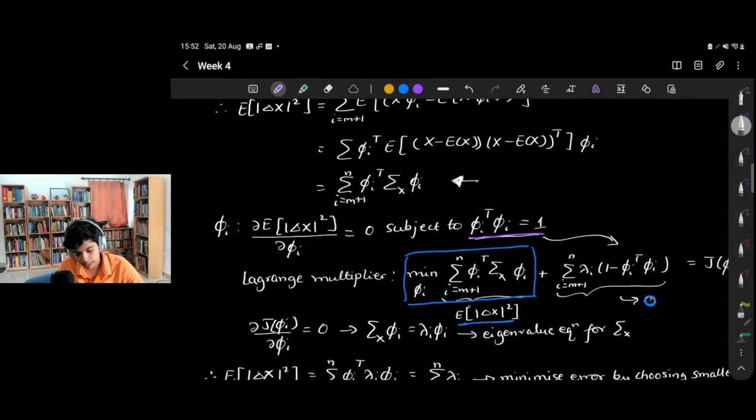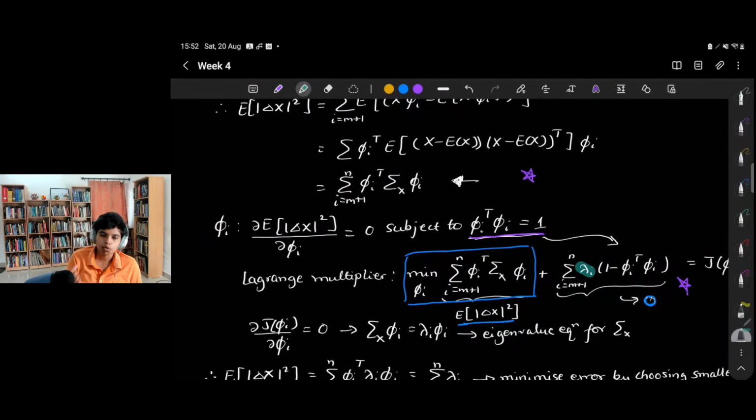So essentially this step and this step are the same thing. There is nothing really different, and the magic happens because of this lambda I. This lambda I is really like a magical thing. It's like you are adding 0, but still you are able to solve the question.